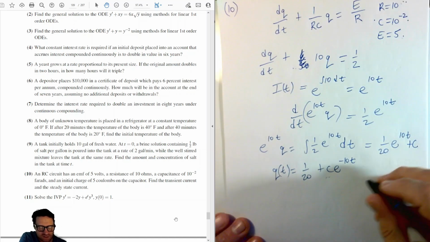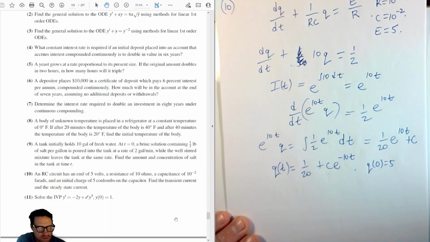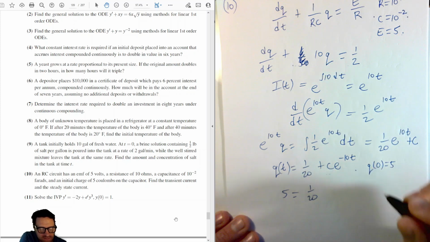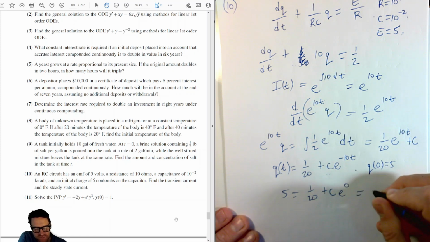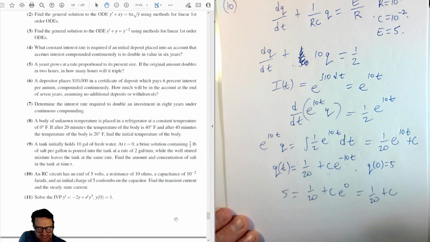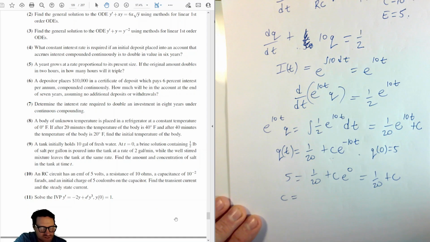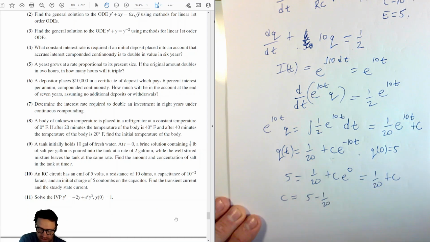Okay, next, q of 0 is 5. And so we have 5 is equal to 1/20 plus c e to the 0. So 1/20 plus c. And so that gives us that c is equal to 5 minus 1/20.